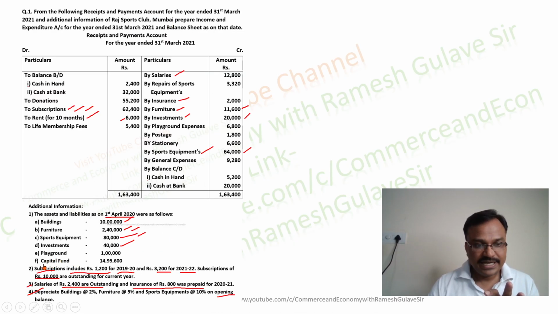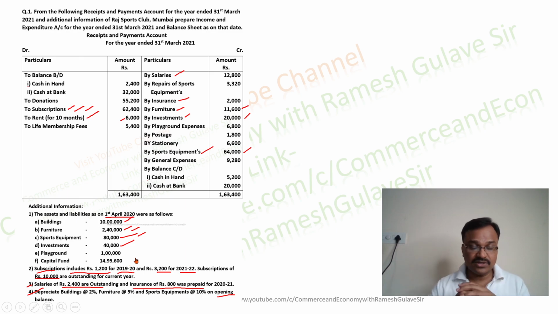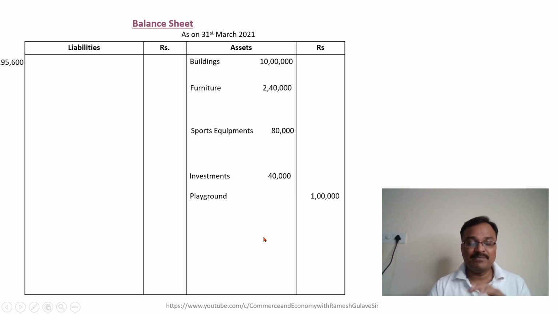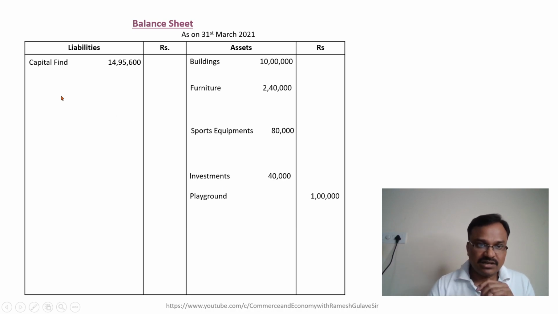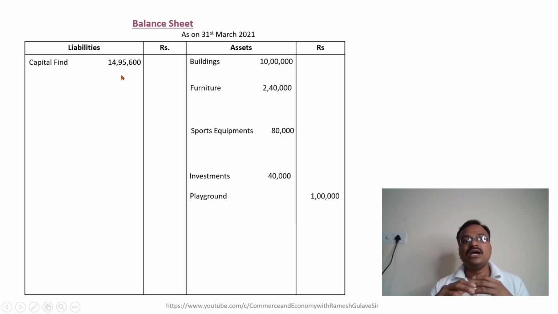After playground, next point is capital fund. So we know that capital fund on 1st April 2020 is basically the opening capital fund, and we record it on the liability side. So capital fund 14 lakh 95,600. Here we have recorded capital fund in the inner column because in capital fund we add surplus.